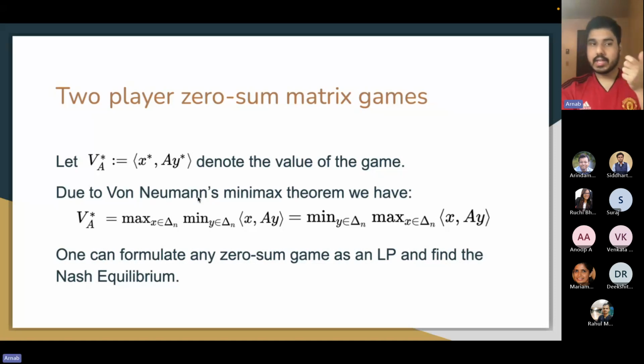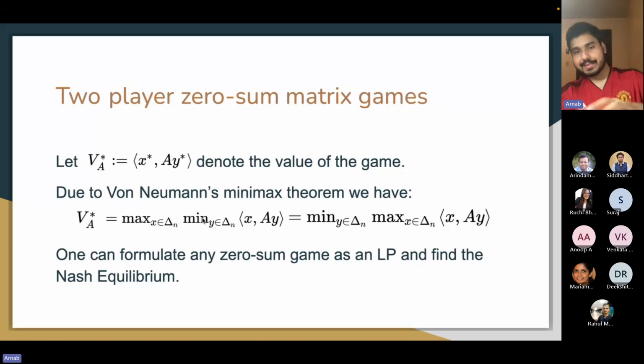There is a very famous minimax theorem by von Neumann, which says that if you take max over X and min over Y of the inner product XAY, and then you swap the min and max, then both will be equal, and they will be equal to the value of the game.